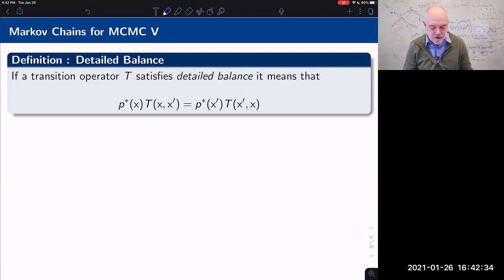If a transition operator T satisfies detailed balance, it means that the number that you get when you take P star of X times the transition operator applied at X and some value X prime is the same as P star of X prime times T of X prime given X.